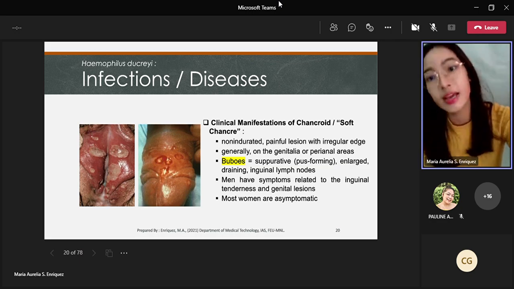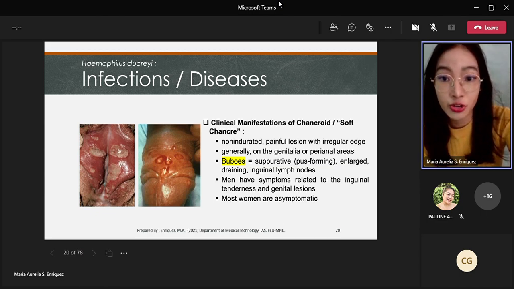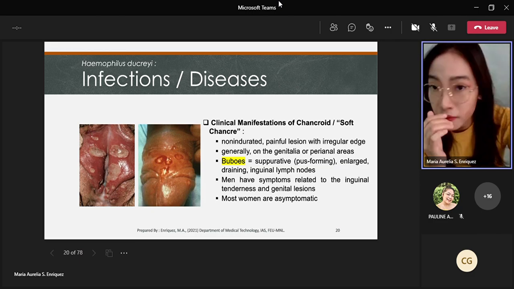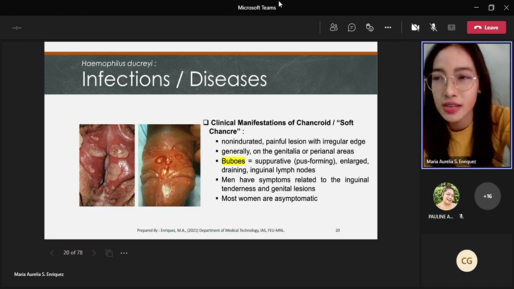Pus-forming, enlarged, and draining inguinal lymph nodes would also form, and they are referred to as buboes. They're commonly seen in most infected patients. So mamaya po, pagdating sa sample collection, pwede rin tayong kumuha ng specimen galing dun sa mga inflamed lymph nodes na yun.